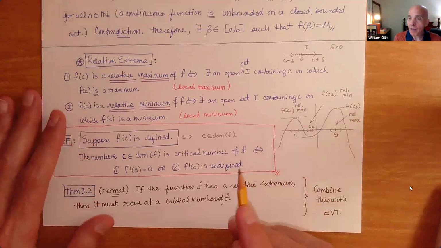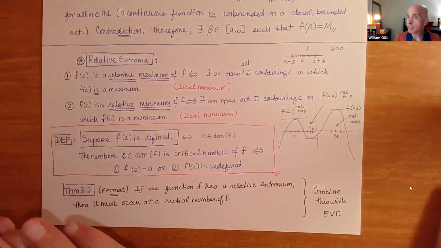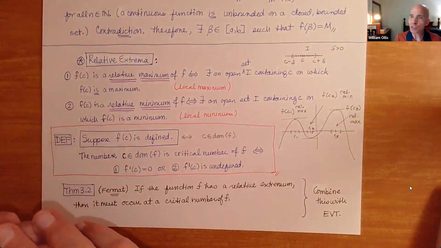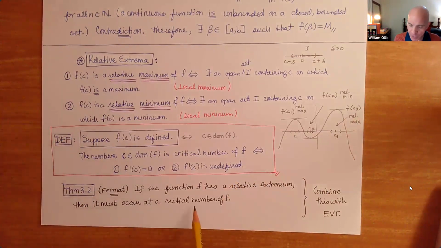Or we could have a cusp where the function would be undefined, like x to the 2/3. And we end up having an absolute minimum of 0 that occurs at 0, where the derivative is undefined. So this is not a surprise. It is not a surprise when you think about the geometry of the situation.